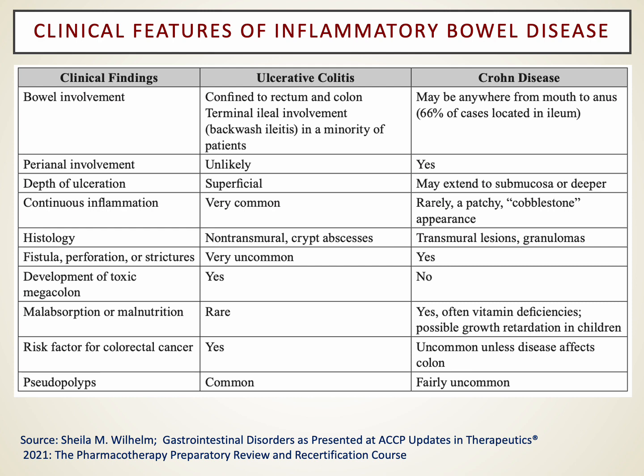So as we think about the clinical features of inflammatory bowel disease, one first thing to differentiate is ulcerative colitis from Crohn's disease. What is really different is Crohn's disease could occur anywhere in the GI tract, from the mouth all the way to the anus, whereas ulcerative colitis is really confined to the rectum and the colon, perhaps sometimes with terminal ileum involvement as well.